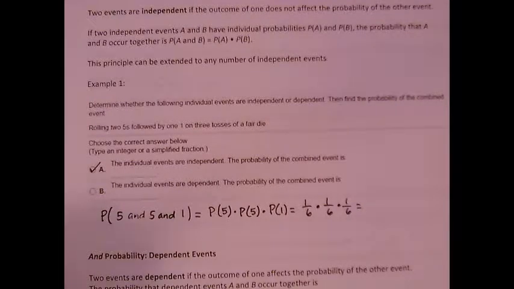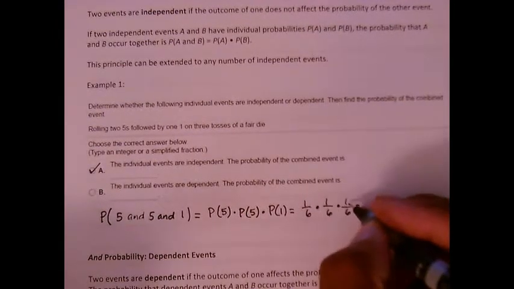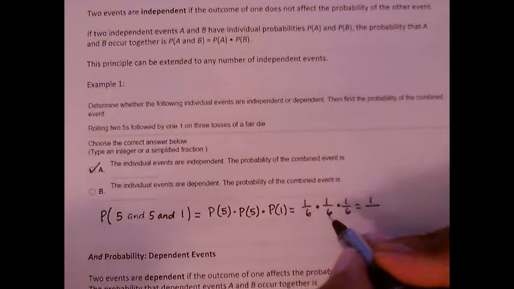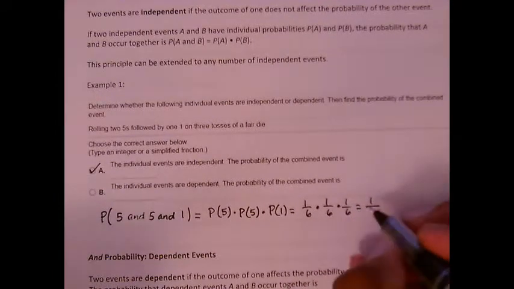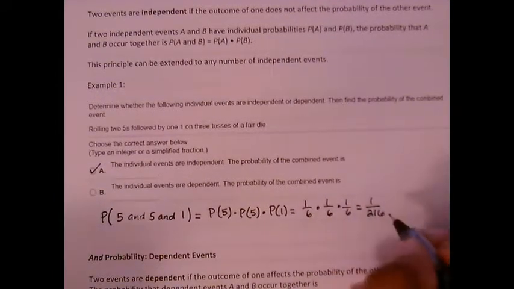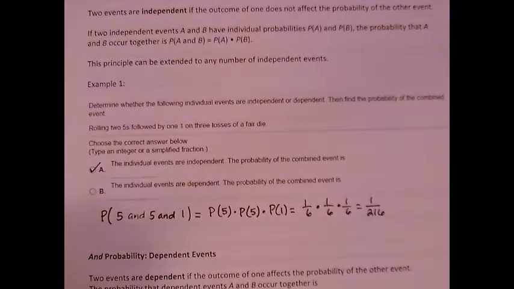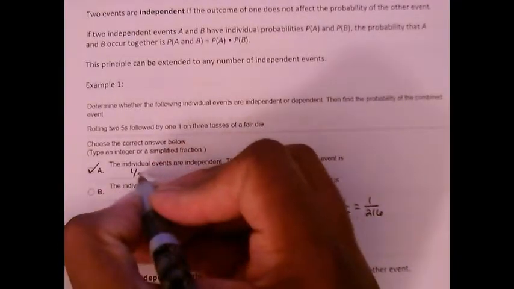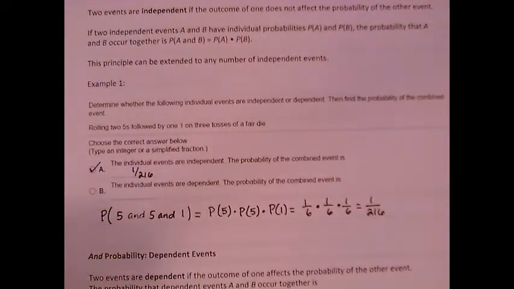Now we're going to multiply those numerators and denominators together. The numerator will be 1 times 1 times 1, which is 1. The denominator, 6 times 6 is 36, times 6 will be 216. So, in this case here, the probability of that combined event will be 1 out of 216, or 1 over 216.